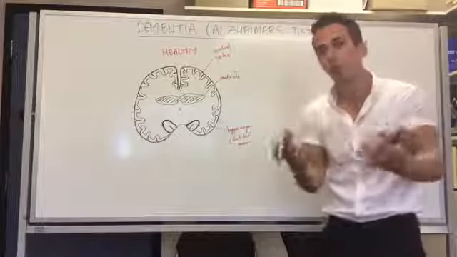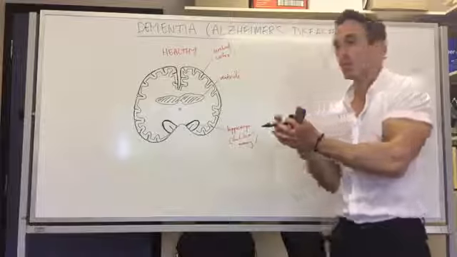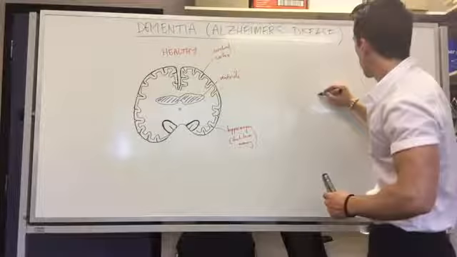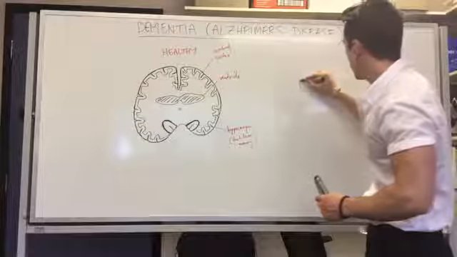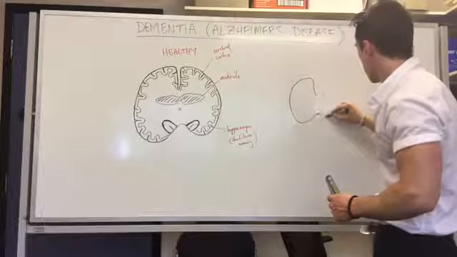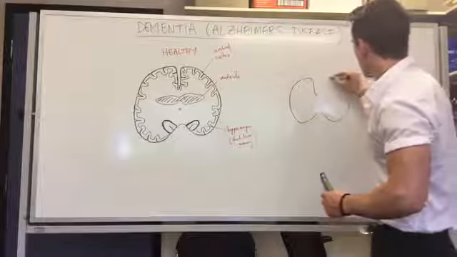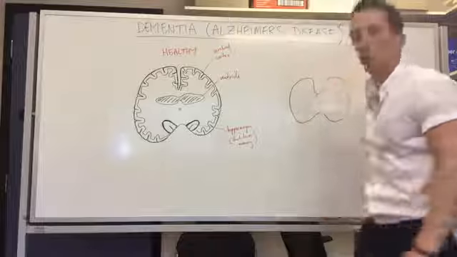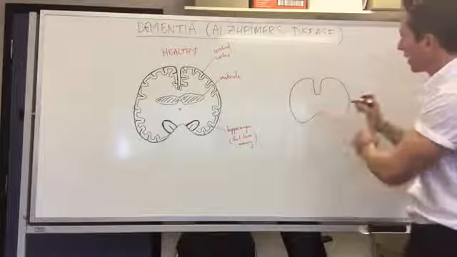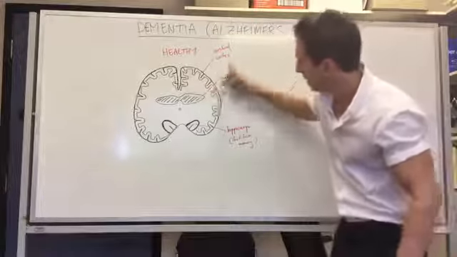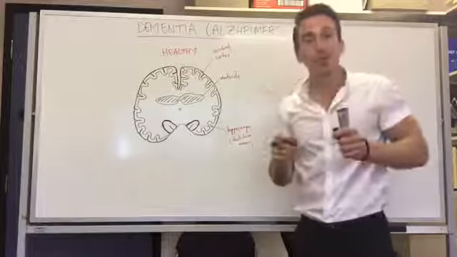If you weigh post-mortem the brains of an Alzheimer's patient, it's actually a lot lighter. So if we were to draw this brain up, you'll also see, apart from the brain being smaller, is that the sulci that dips down, there's actually a wider gap between each sulci.